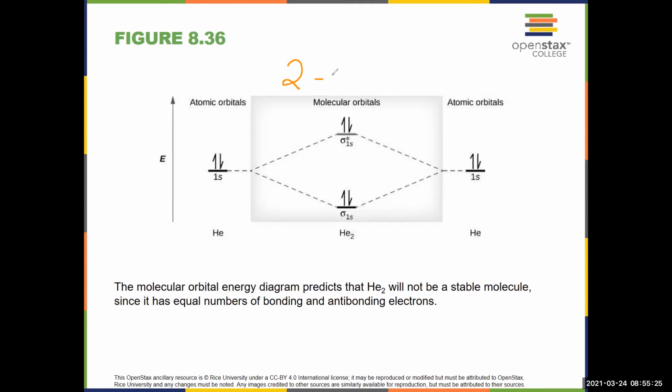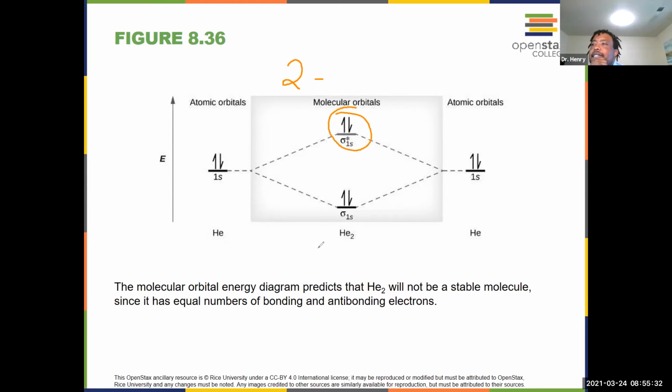This is kind of the part where I'm still a little bit lost on the antibonding. How many are in the antibonding? So this is the bonding: sigma without a star is bonding, and sigma with the star is antibonding.